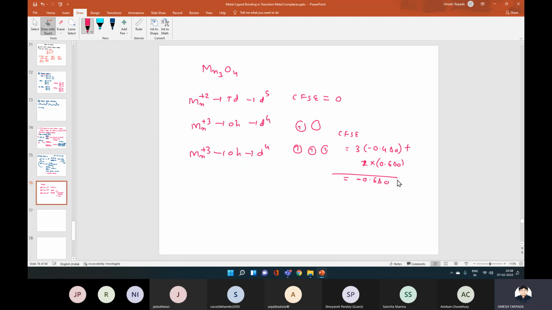So this is the calculated data. This is matched with the theoretical or practical value if it is provided. So you can prove that this structure is a normal spinel.